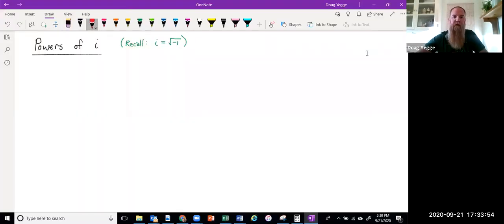Now I'd like to take a look at one of the most intriguing results from complex numbers. And that's what happens when we start to raise i to various powers. So let's take a look at i and i squared, and i to the third, and i to the fourth. And let's just start with those and think about how I can simplify each of these.